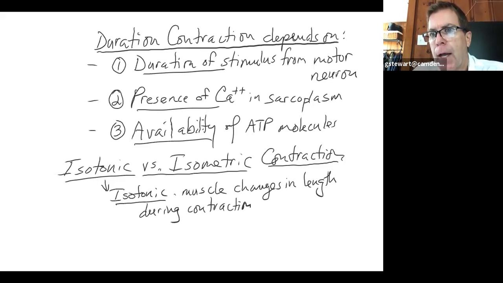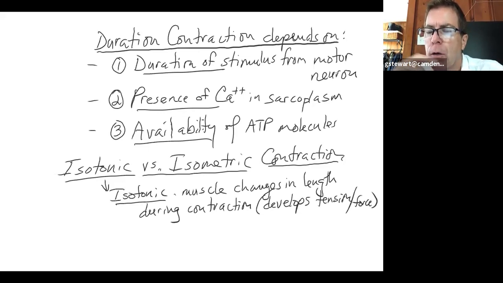And during contraction is when it develops force or tension, both tension and then producing force. That just means the ability to do some work. So isotonic, key is muscle changes in length.